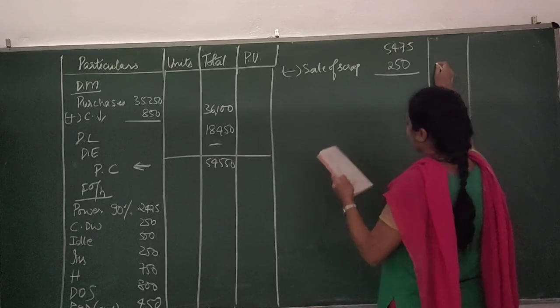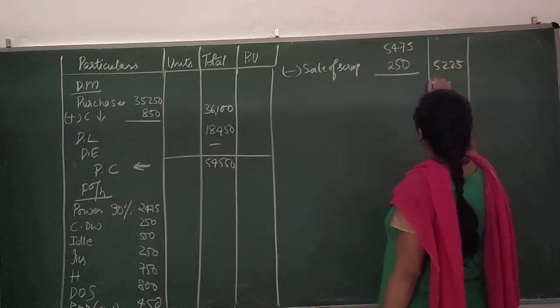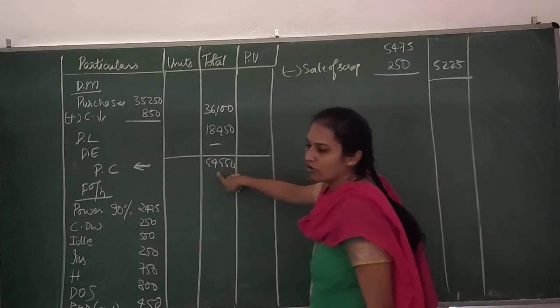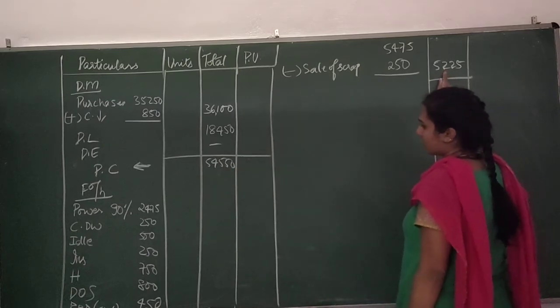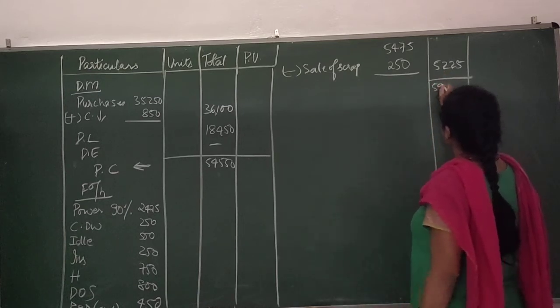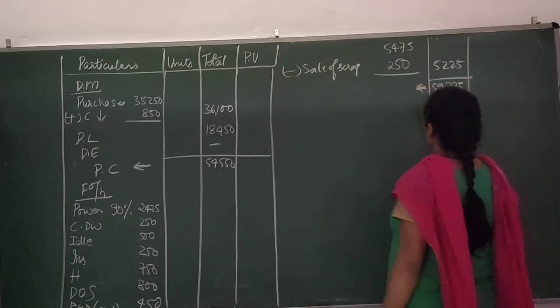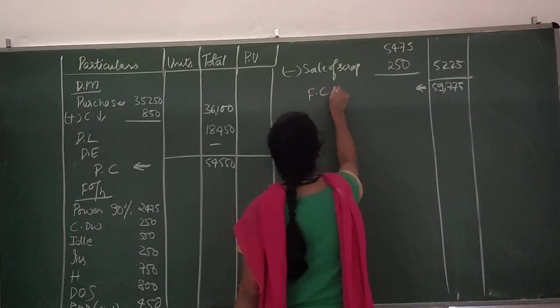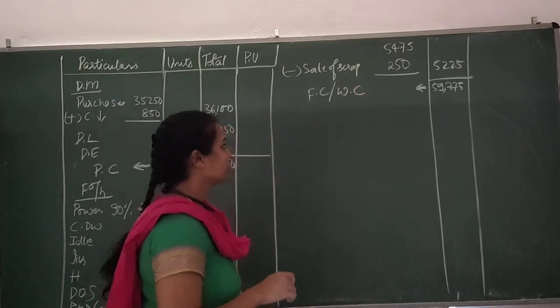So when you take it, you will have around 5,225. So when you take the total of your prime cost with your factory overhead, which will come around 59,775. So this is called as factory cost or works cost.